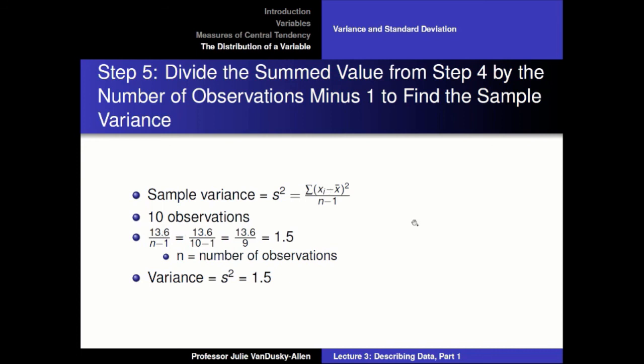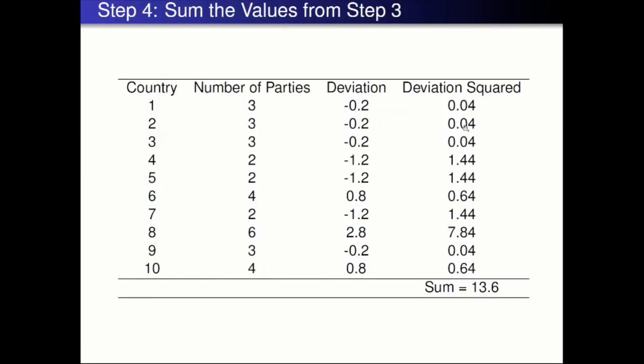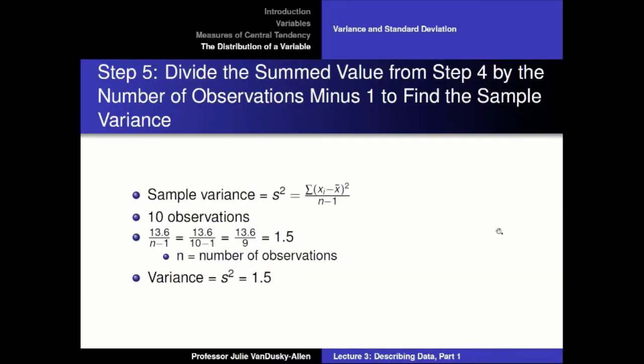Then to find the denominator, we find the number of observations and subtract 1 from it. 1, 2, 3, 4, 5, 6, 7, 8, 9, 10. There are 10 observations, so 10 minus 1 is 9. Now we divide. 13.6 divided by 9 is 1.5. So our variance, s squared, is 1.5.